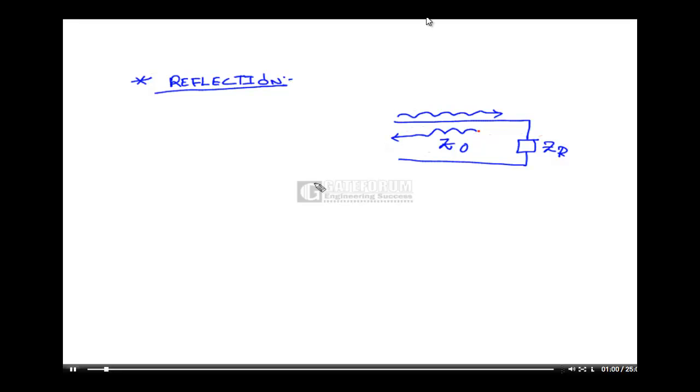Why this reflection occurs is because of impedance mismatch. Here the load is terminated with ZR, and the characteristic impedance of the line is Z0.